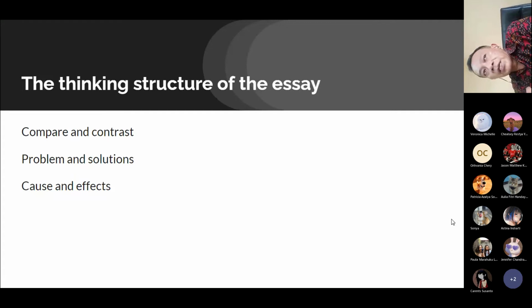So with this kind of structure, you will be discussing two different issues, for example, offline and online learning. By comparing those things, you try to find what makes them the same, the similarities, the similar features of these learning modes. That's called comparing.